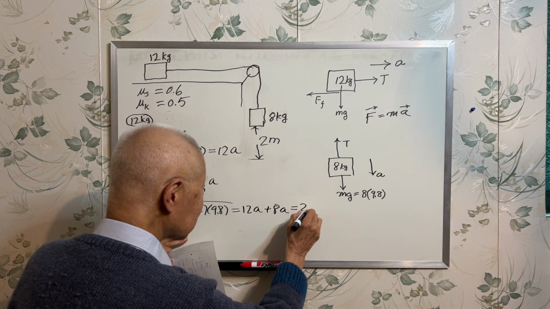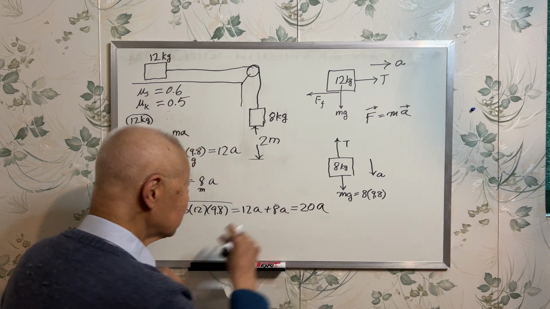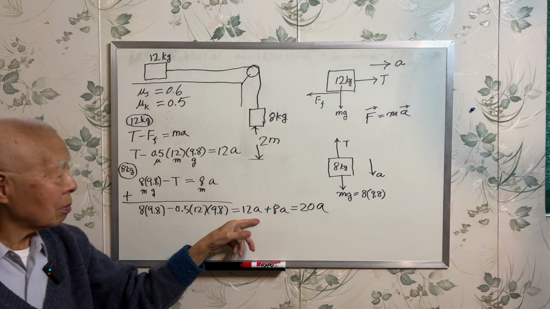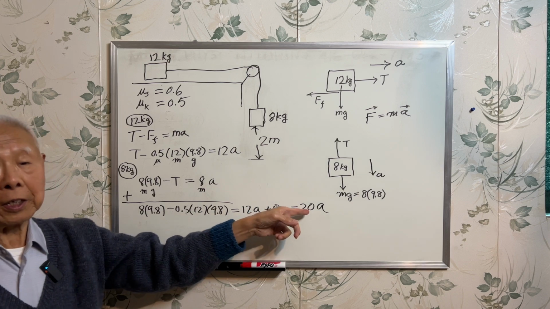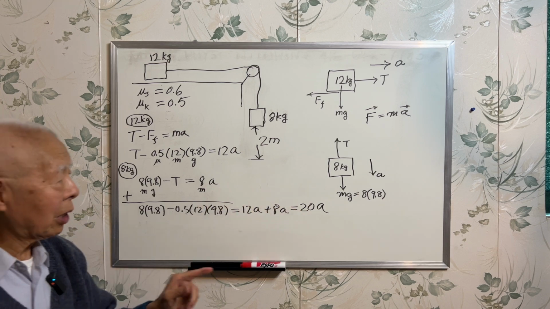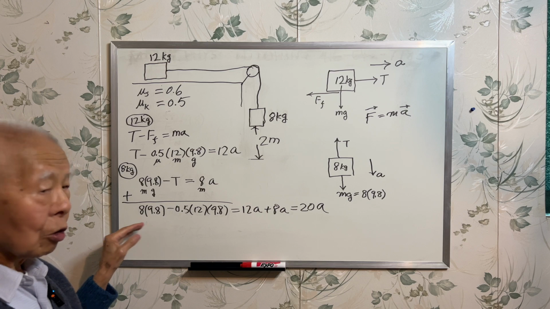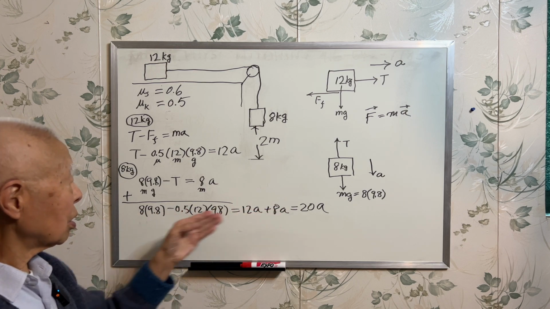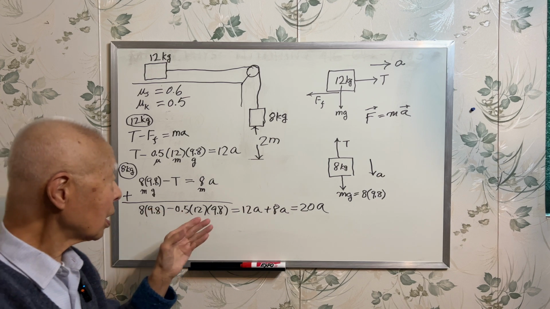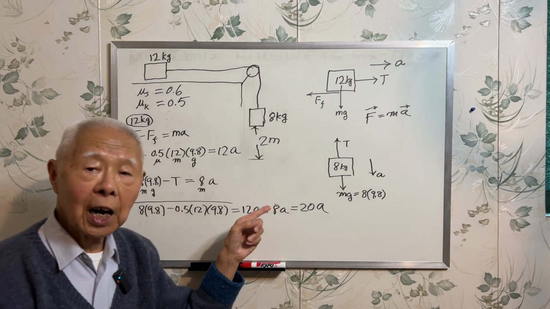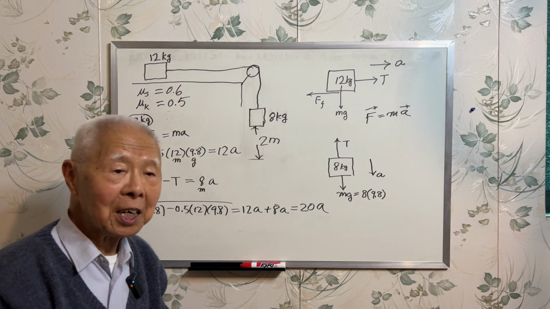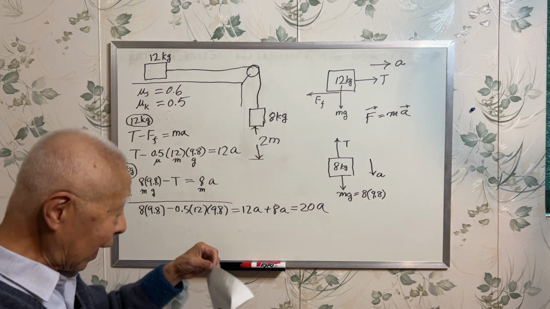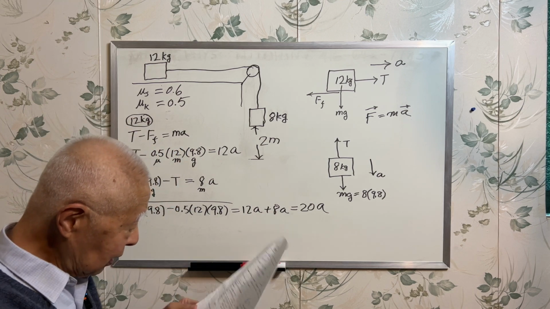This is just 20a. Look, in this equation, a is the only unknown. Therefore, you can find a. Okay, let's do that. And I found a.